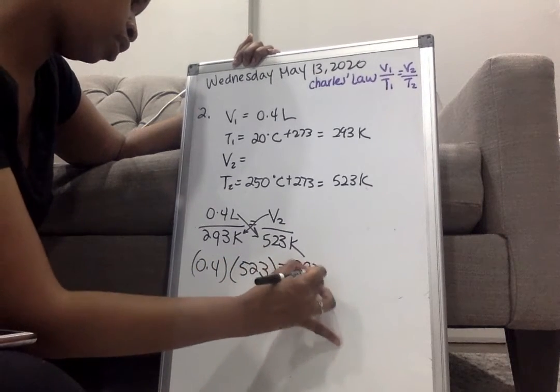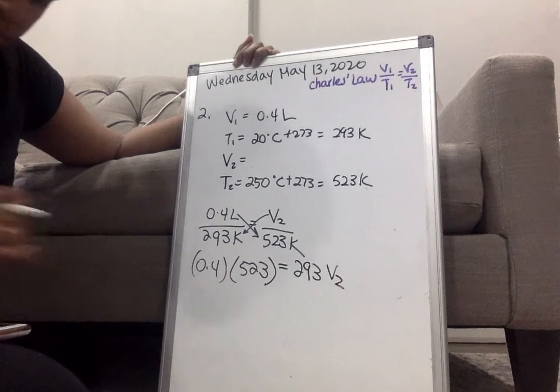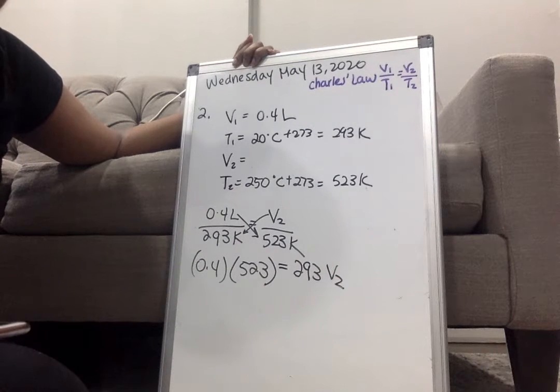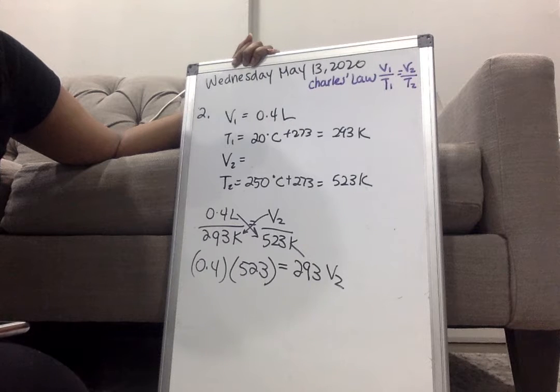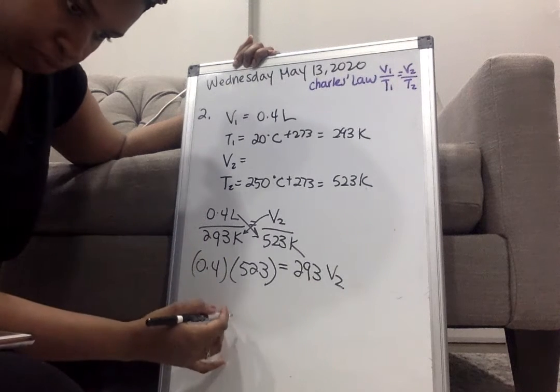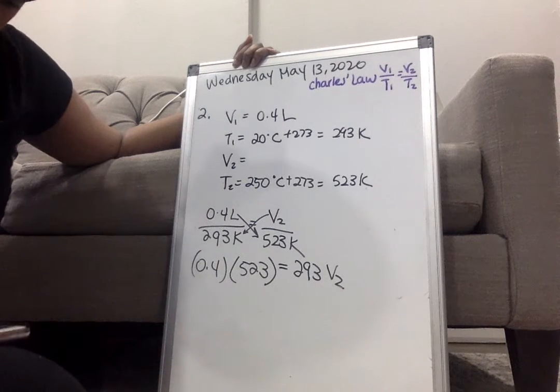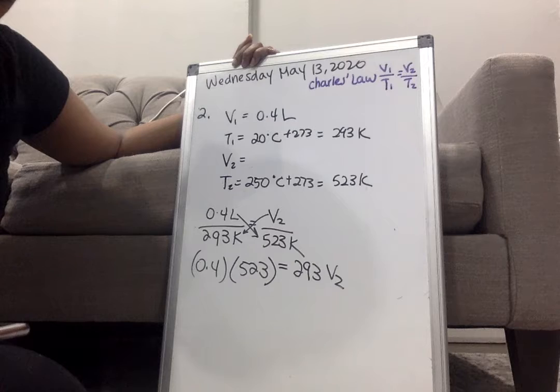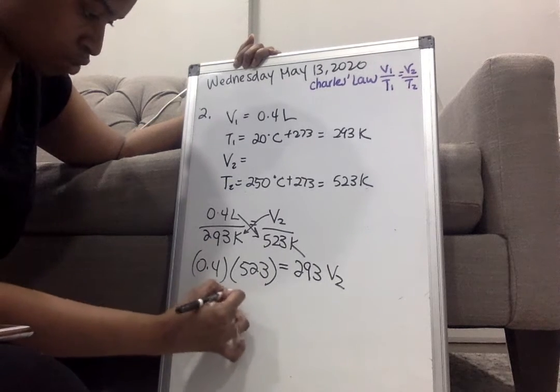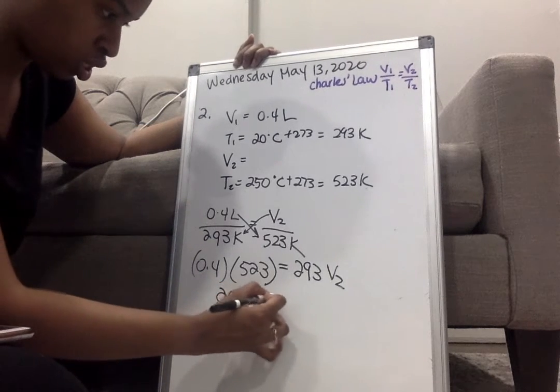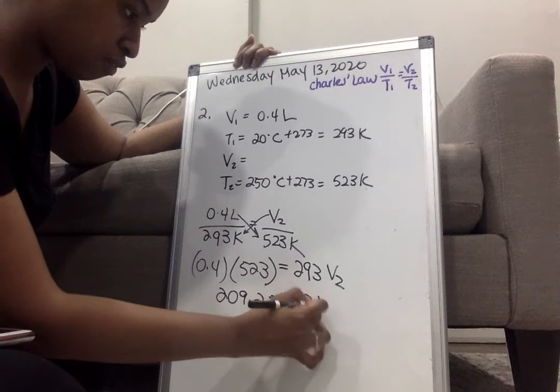equals 293 V2. I multiply on this side, 0.4 times 523. Ooh. Hold on. 523 times 0.4, making sure my math is right. Okay, so I have 209.2 equals 293 V2.